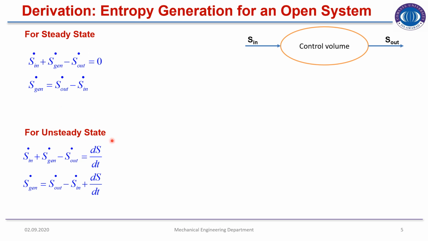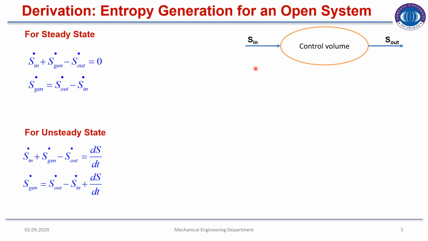For unsteady state, the properties of the system vary with time. For steady state the properties are fixed, so they are time independent, but for unsteady state they depend on the variation of time. We have discussed the transient flow or unsteady state process, in which there is certain accumulation of mass within the control volume.